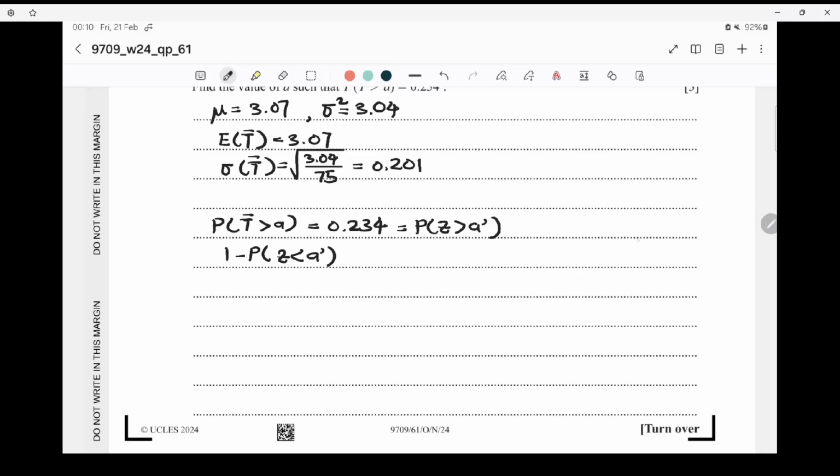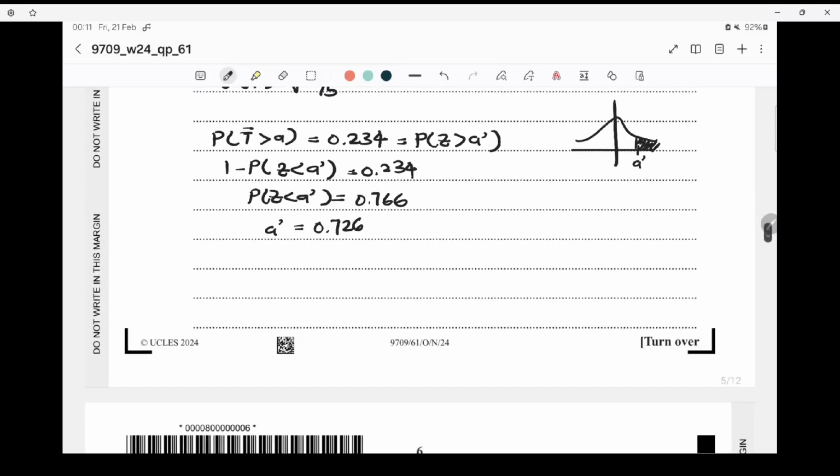The reason why you need to convert is because, let's say this is your probability distribution. 0.234 is smaller than 0.5, so it means that your A prime has to be here, and you are studying this area. So this is the same as 1 minus P(z smaller than A prime) equals 0.234. So P(z smaller than A prime) would be 0.766. So your Z score in the end is 0.726.